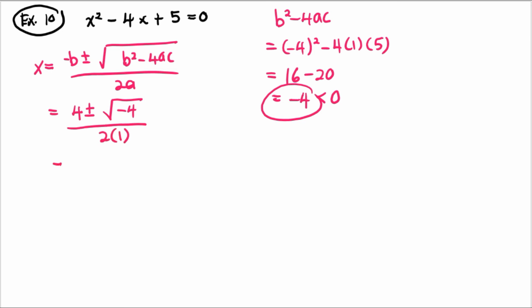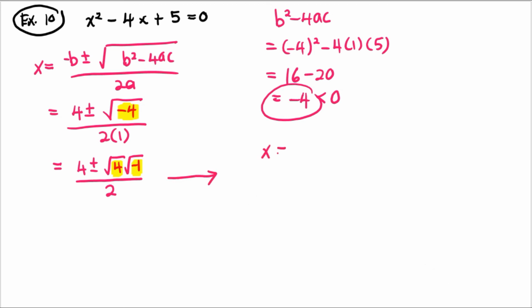So I'll have 4 plus or minus the square root of 4 times the square root of negative 1. I break the square root of negative 4 into two parts here, because I want to write the square root of negative 1 as i, which is the complex unit. I divide by 2 times 1, we get 2. Now I continue here.